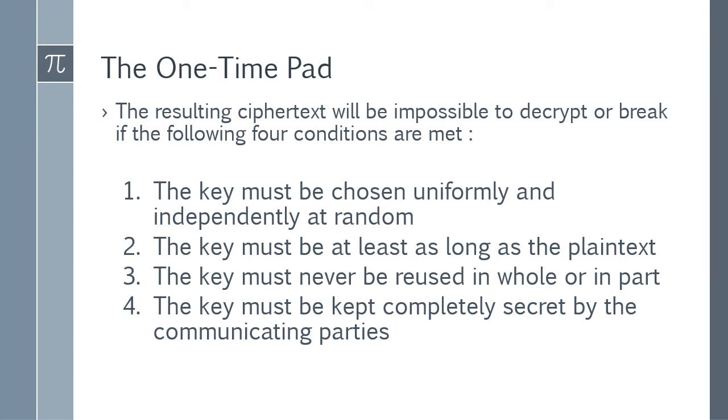The second is that the key must be at least as long as the plaintext. There is no possibility to somehow use statistical methods or any correlations to derive plaintext. The third one is that the key shouldn't be reused in whole or in parts.